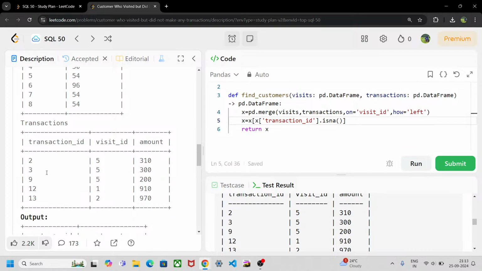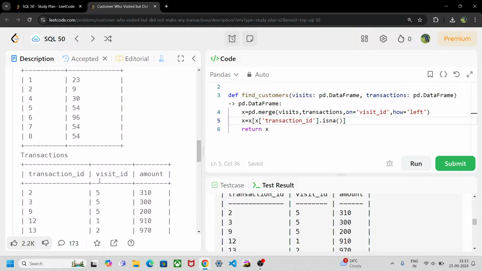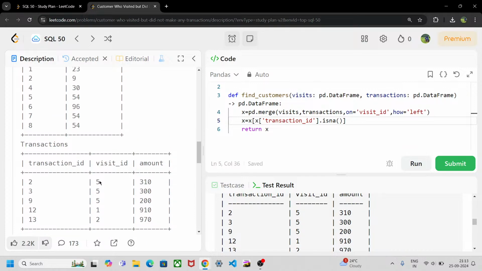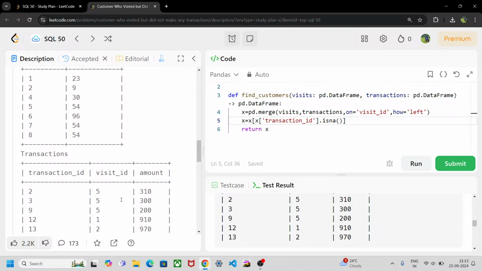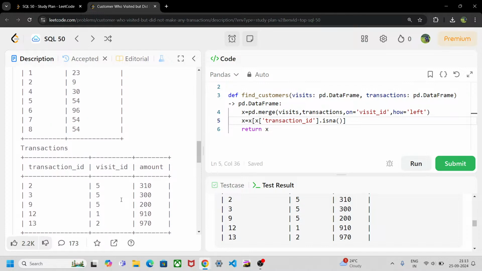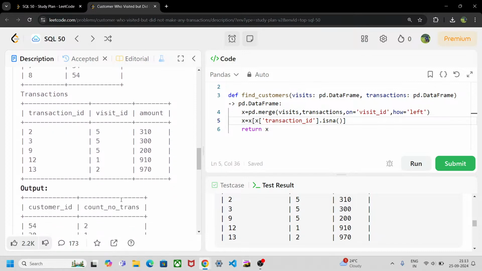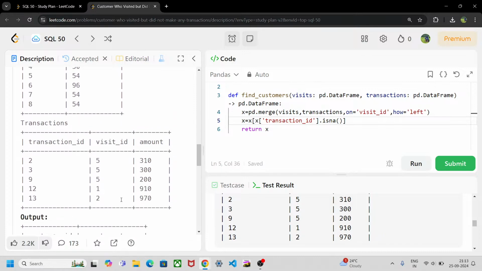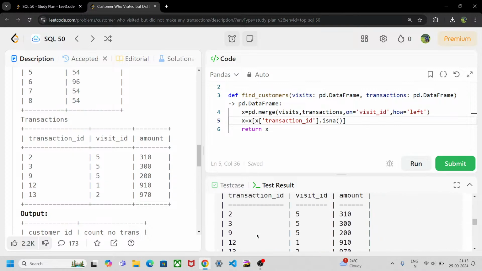Wherever there is 3, it is 5. Wherever there is 9, it is still NA. Oh, sorry, this is the output.